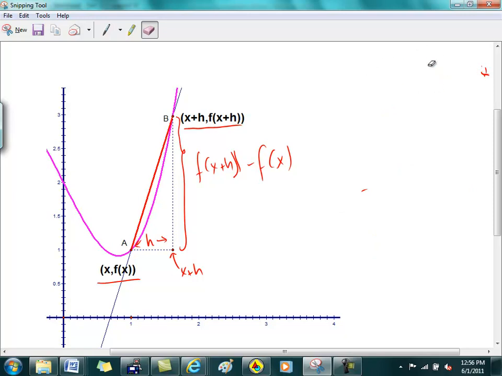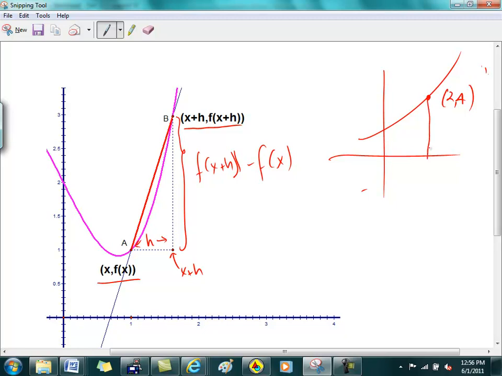Let me ask you this other question first, okay? If I tell you that the coordinate of this point is (2, 4), what is this distance here? Sorry? 4. You with me on that? Okay. Can I then erase this stuff out?